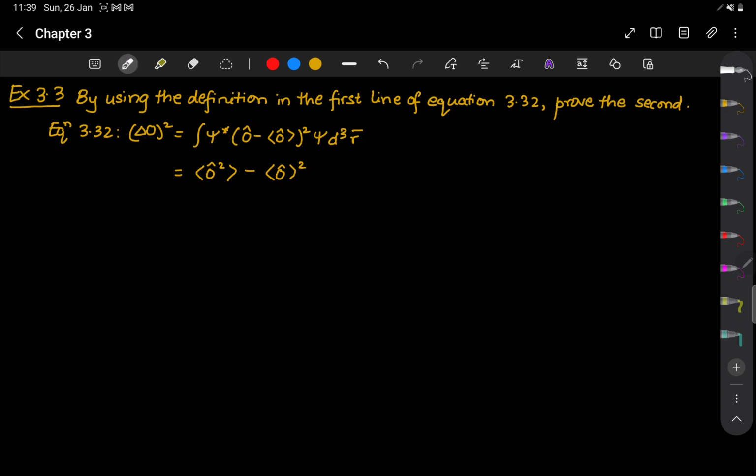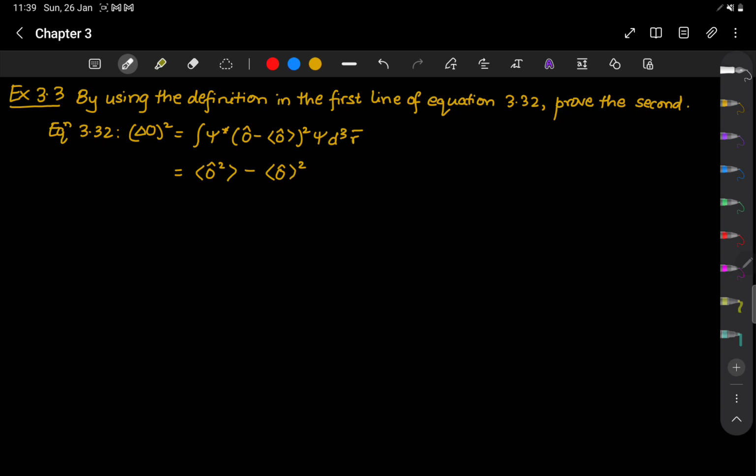So this equation states that delta O squared is given by this particular integral, psi star (O cap minus expectation O) whole squared psi, integrated over the entire volume d cubed r. And this can be reduced to the second line, which is expectation of O cap squared, the operator O squared.